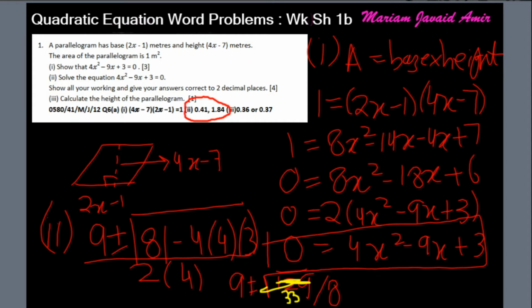So 9 plus under root 33 divided by 8 gives us 1.8431. So when we round it off, we'll get this. And the other one, 9 minus under root 33 divided by 8 gives us 0.4069, and when we round it off we'll get 0.41.